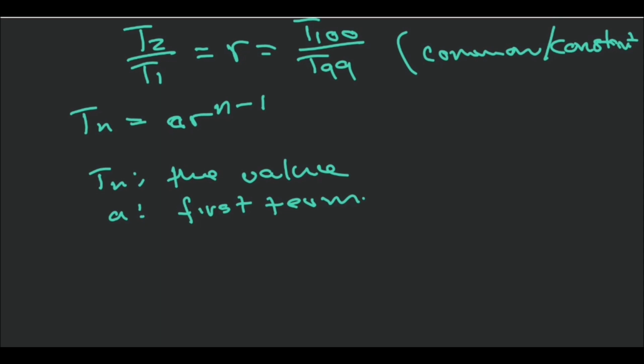But now we have a new variable, and that new variable is R. This R is the common or constant ratio, and that ratio is found by dividing Tn by Tn minus 1, right?